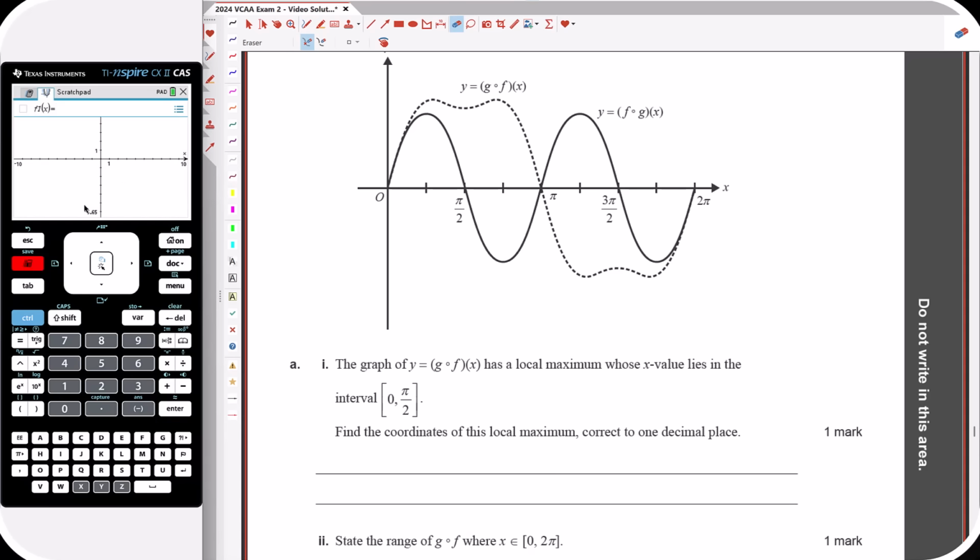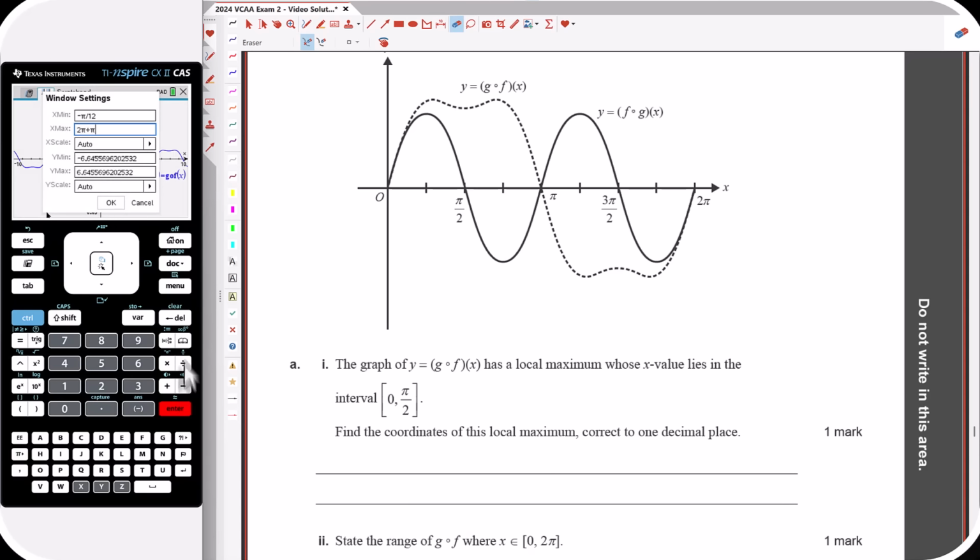Maybe we have a look graphically at what's happening here. G of f. Do some window adjusting here. Sort of make it a bit closer to that one. Let's do minus pi on 12. Let's do 2 pi plus pi on 12.